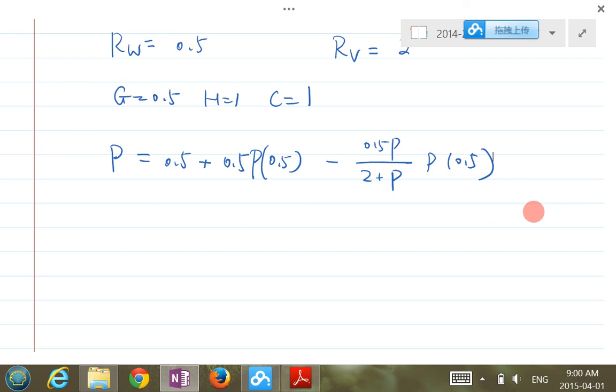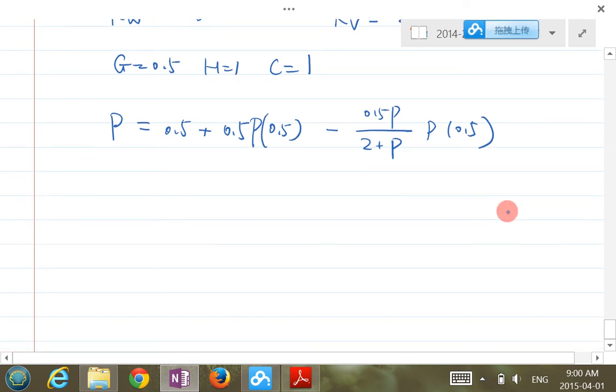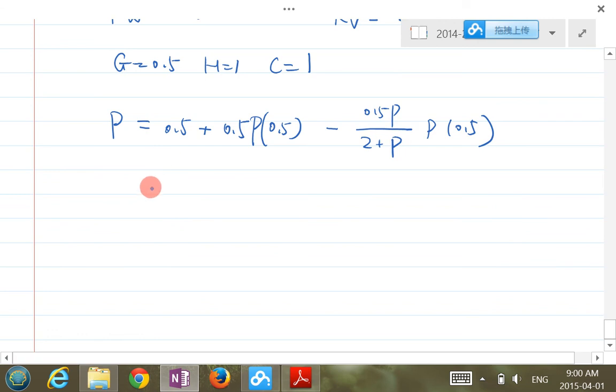So basically you can simplify everything, and multiply this 2.5, 2 plus P to this side, and then sort things out, cleaning out and getting rid of the common terms. So you will get P squared plus P minus 1 equal to 0. This is a quadratic equation, so you can solve that easily.